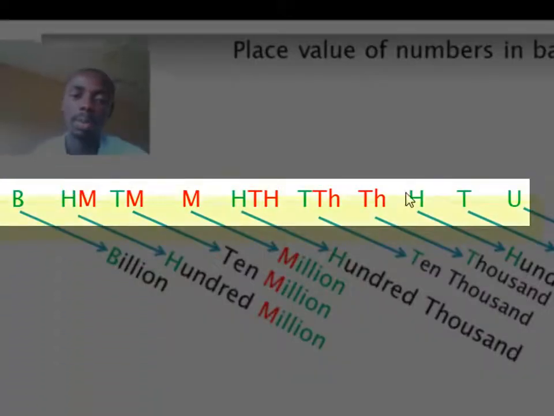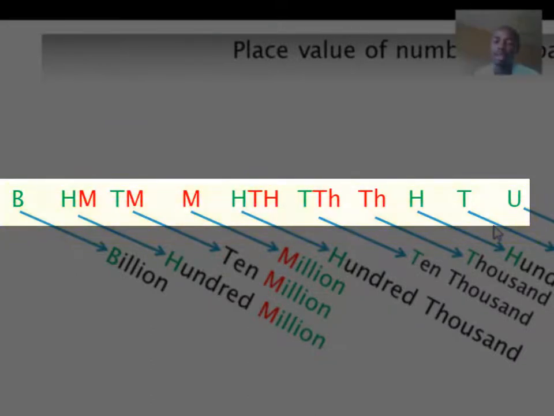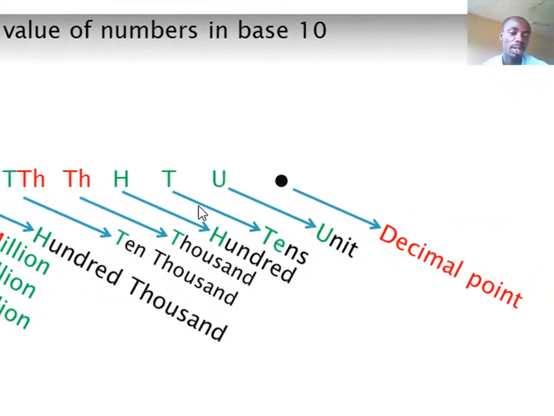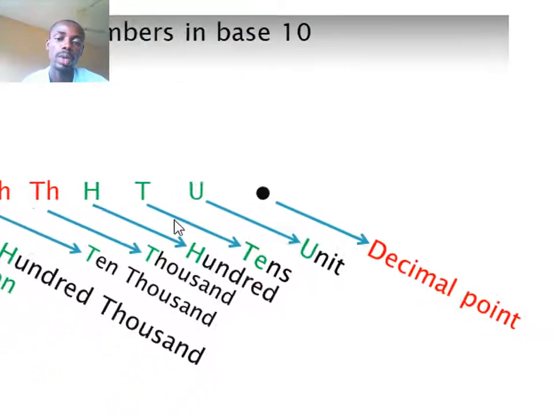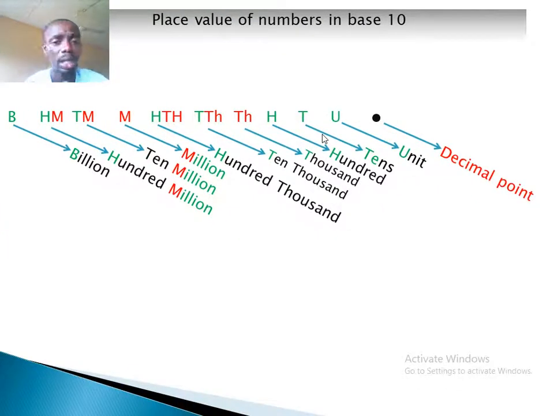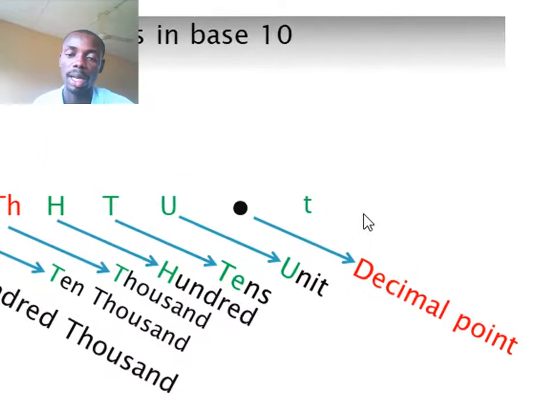Those are the listed place values before the decimal. After the decimal, we still have other place values. They are not up to 1 or up to a whole number. That is key. So every other place value you have here is not up to a whole number. So you have tenths, denoted by small t.